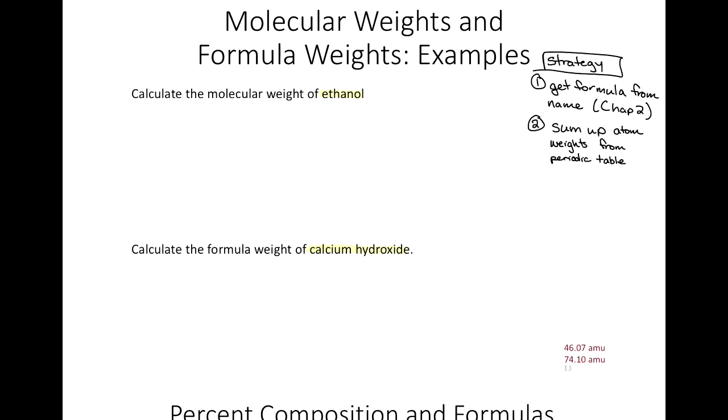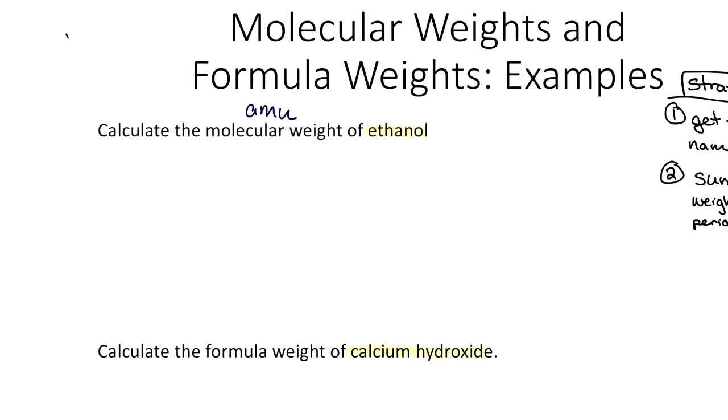And so remember, molecular weight is in the unit of AMU, so we just use the periodic table values. But the problem here is I didn't give you a formula. So what do you think we have to do? Get it ourselves. But it's okay. We're adults. We can do it. So ethanol. Eth means what? 2. So 2 carbons in a row.